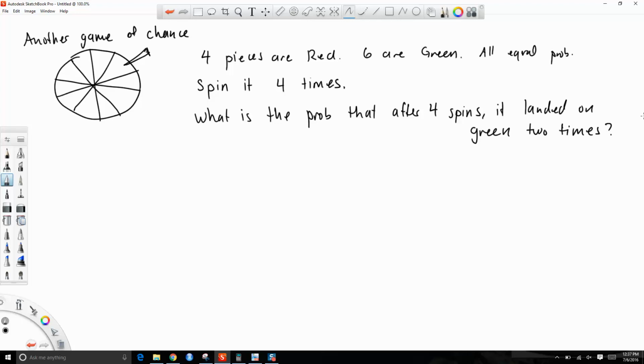All right, so I'll list out all the possible sequences to get green twice. You can have red, red, green, green.